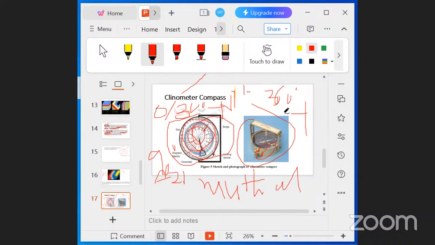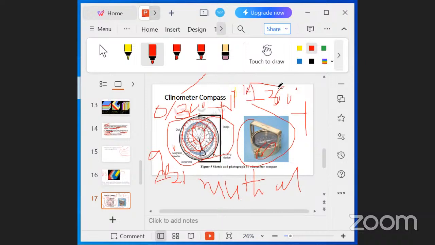And next one is to measure the direction of the dip. So first one is to measure the strike direction, second one is the amount of dip, and third one is the direction of dip. In that, place the bridge along the line drawn on the bedding plane so that the dial face faces the sky.